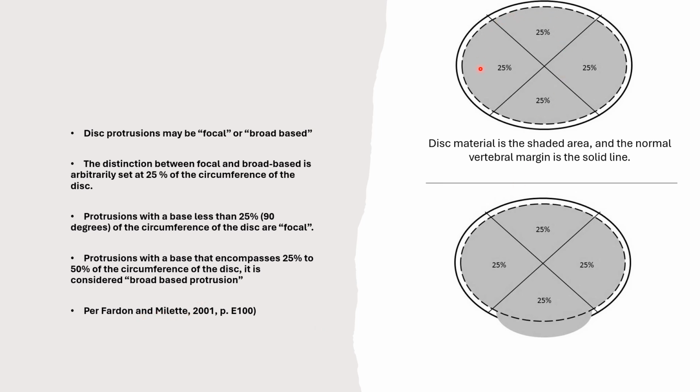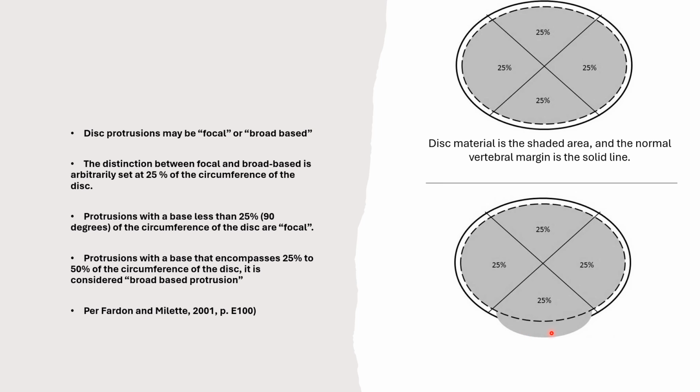As you can see, you have the disc here. The dotted line around it is the disc margin. The solid line is the vertebral body margin, and the gray area is disc material. This is divided into quarters, and this disc material has gone out in this region, and it's within 25%.